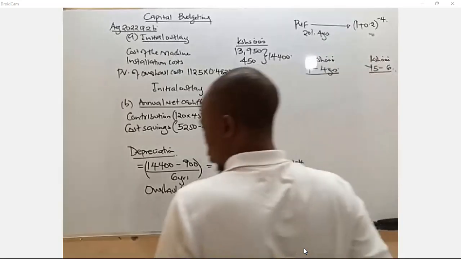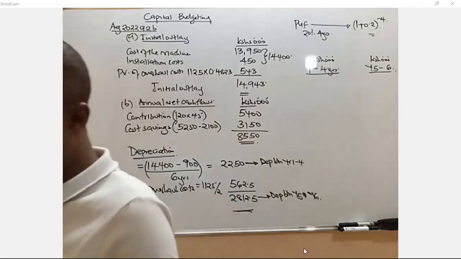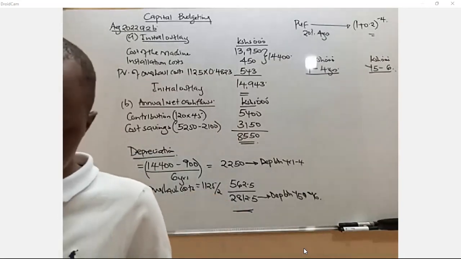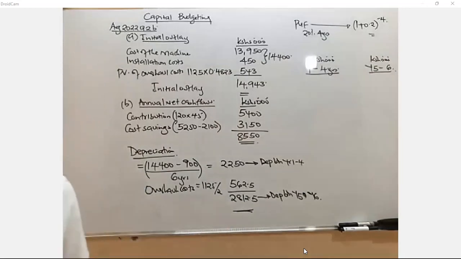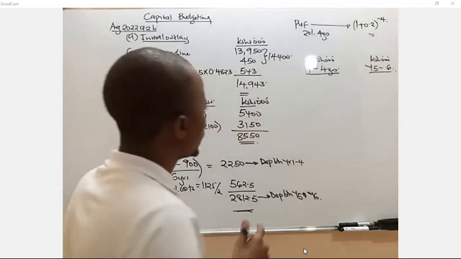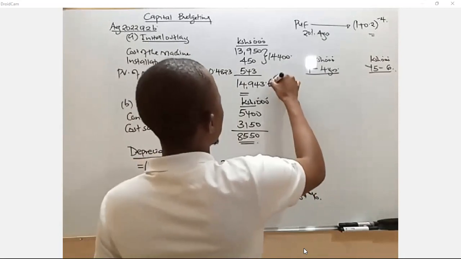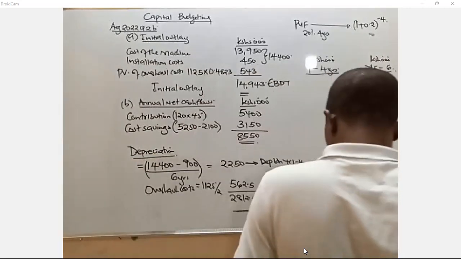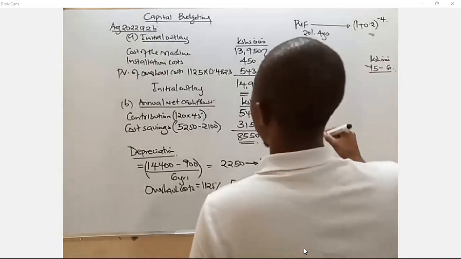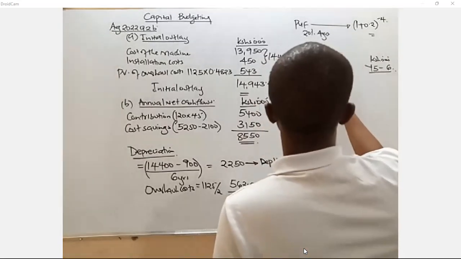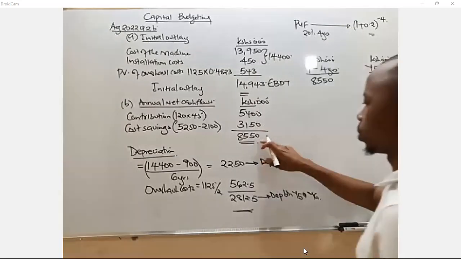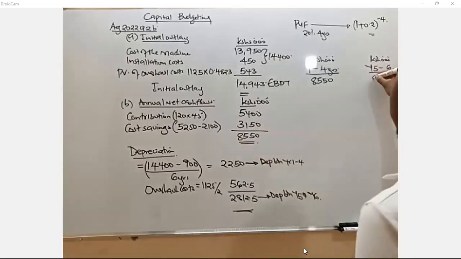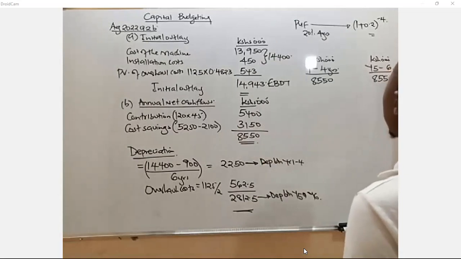What are we going to start with here? It is normally called the earnings before depreciation and taxes. Between year 1 to year 4, we are going to take 8,550, which we computed up there. Between year 5 and year 6, it is going to be the same, 8,550.